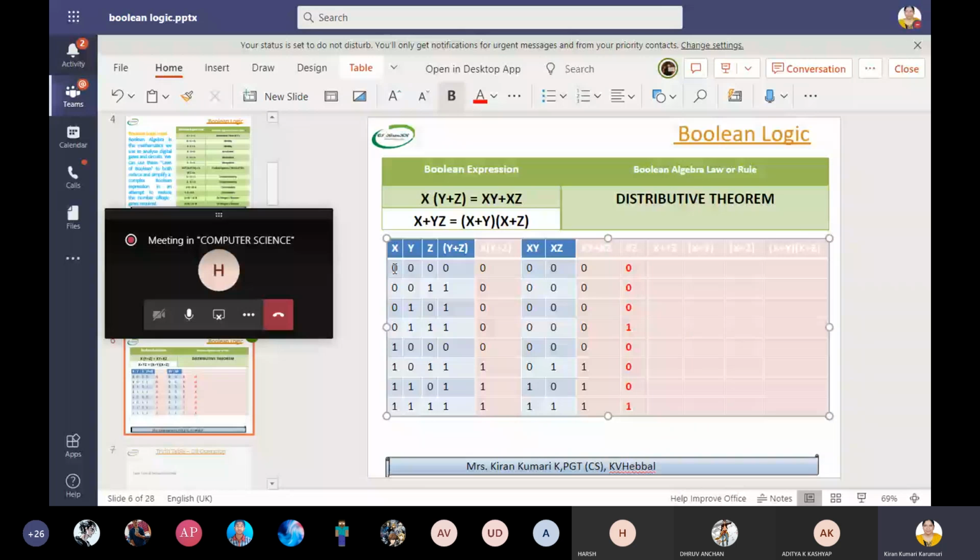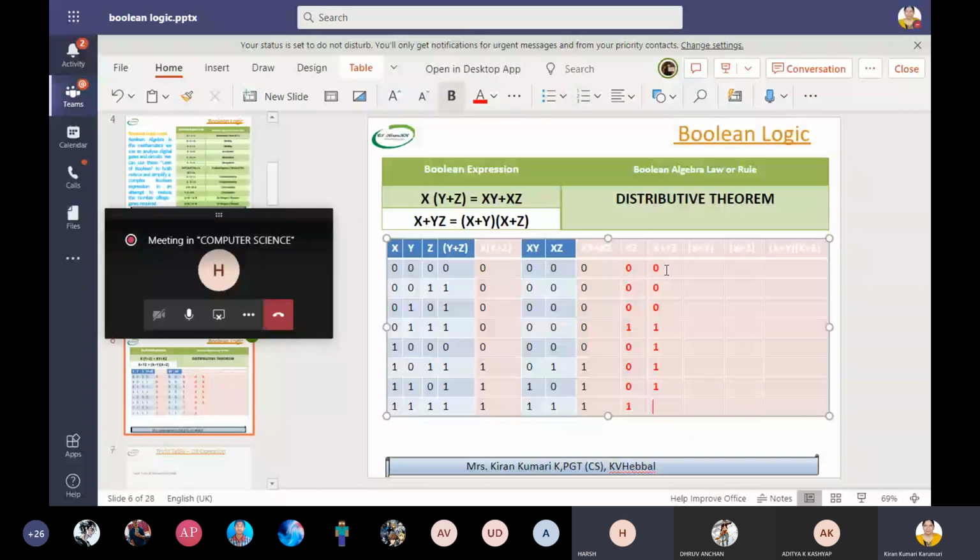So x plus yz is 0 plus 0, 0. Next, 0 plus 0 is 0. Next, 0 plus 1 is 1. Next, 1 plus 0 is 1. Next, 1 plus 0 is 1. 1 plus 1 is 1, and 1 plus 1 is 1 for the remaining rows.